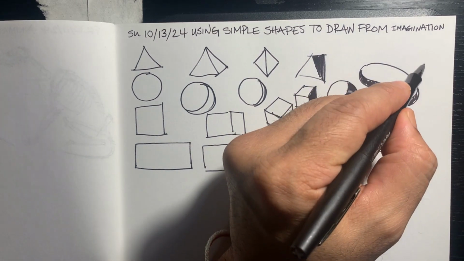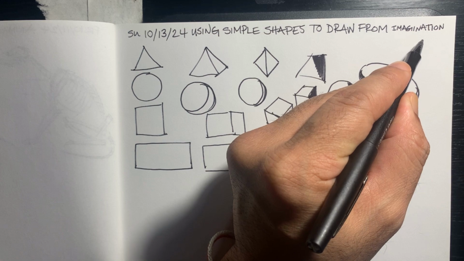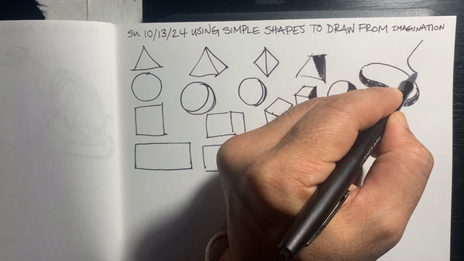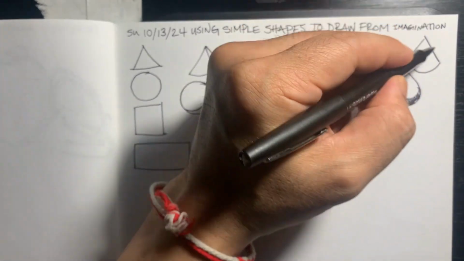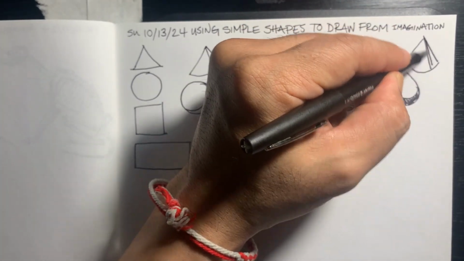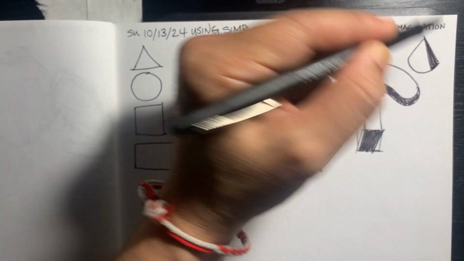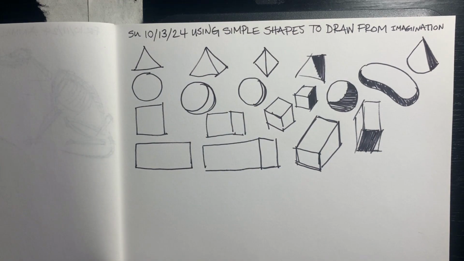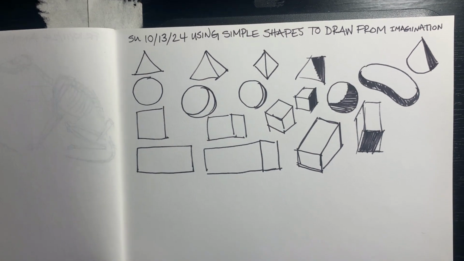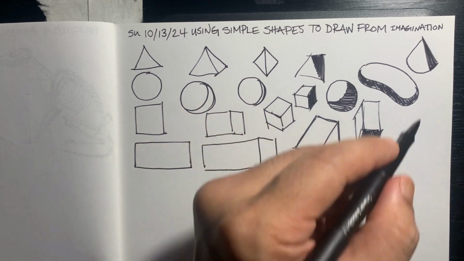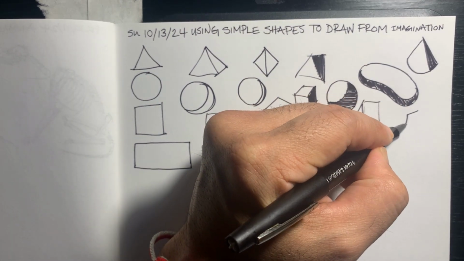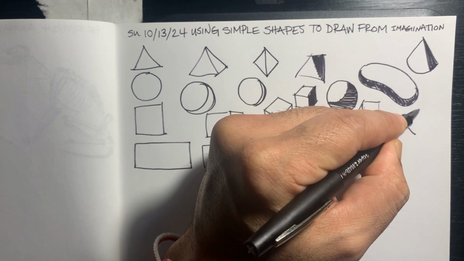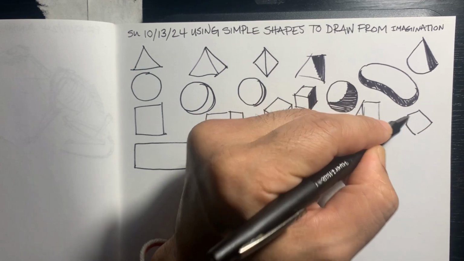Triangle could be a cone, so a triangular shape, give it a rounded base. So shade that in, and then the cube, you could give it more than one side.